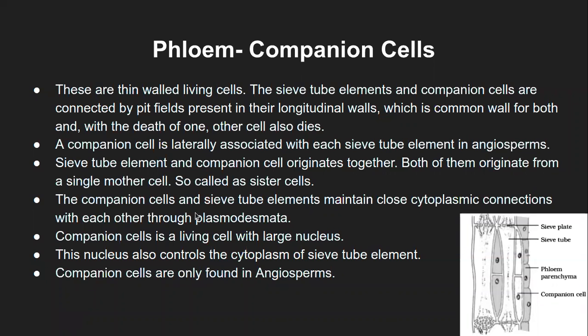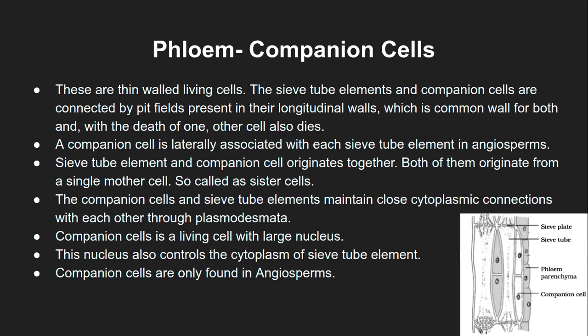Now the companion cells as well as the sieve tube structures maintain a close cytoplasmic connection with each other through plasmodesmata. Because they have a common wall, like you can see here, and at some structural point there will be plasmodesmata. These are nothing but like an internal pipeline.